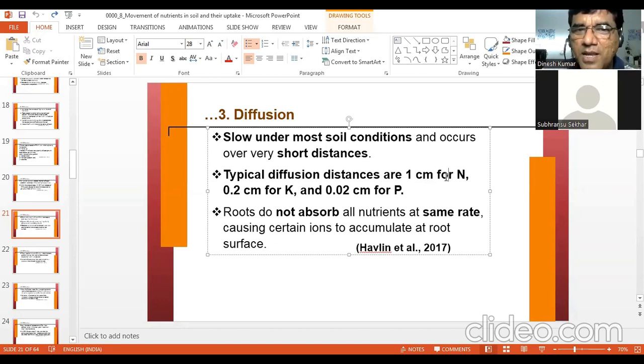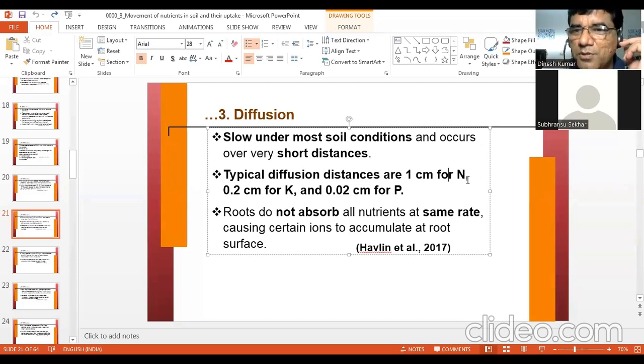How much nitrogen can move by diffusion? Answer is 1 centimeter. How much potassium can move by diffusion? 0.2 centimeter. And how much phosphorus can move by diffusion? It can move by 0.02 centimeter. So you can see the differences.